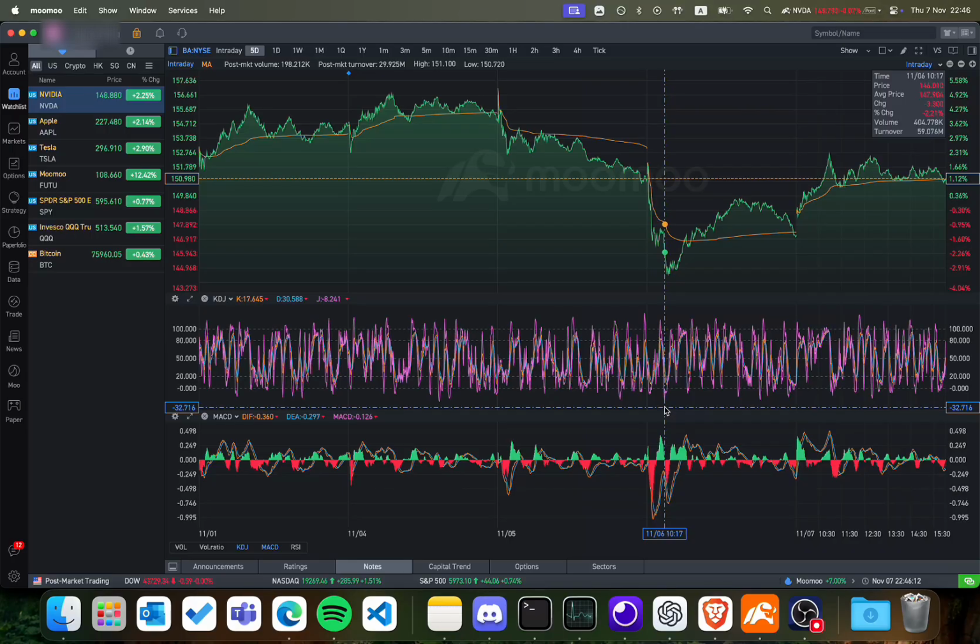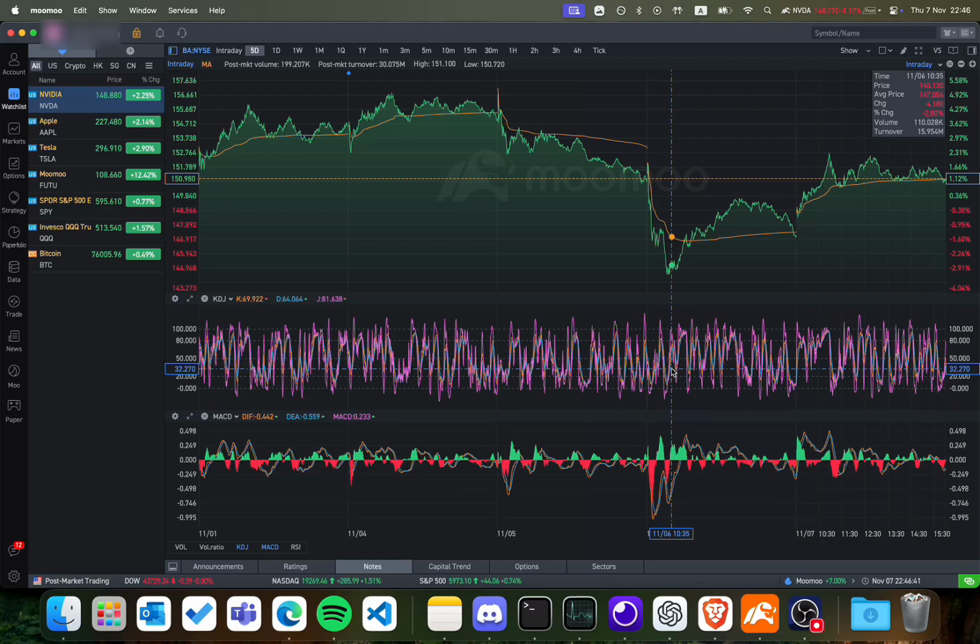If the J is small and the MACD momentum turns negative, it means firstly, velocity is small, and secondly, acceleration is negative. Then it's bad. If you are here, it's probably sell and wait for further confirmation.